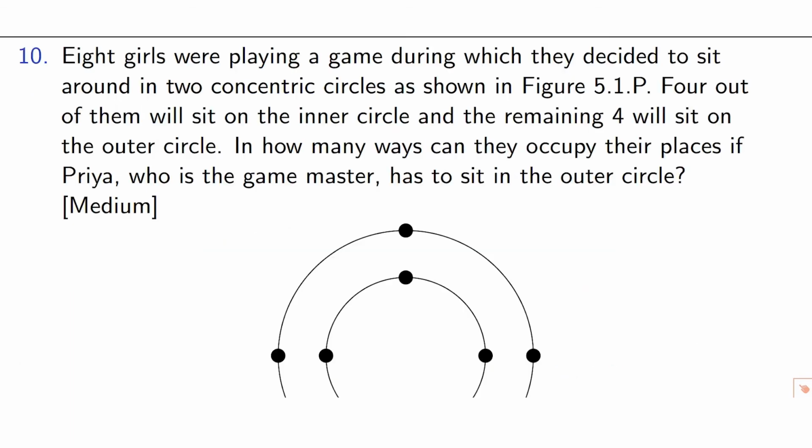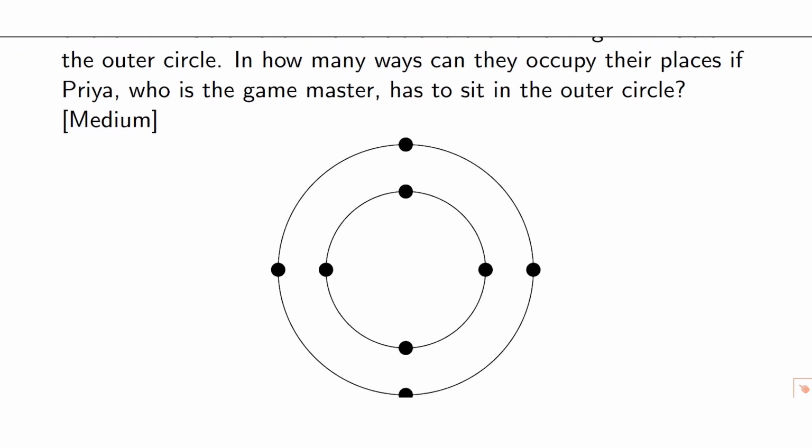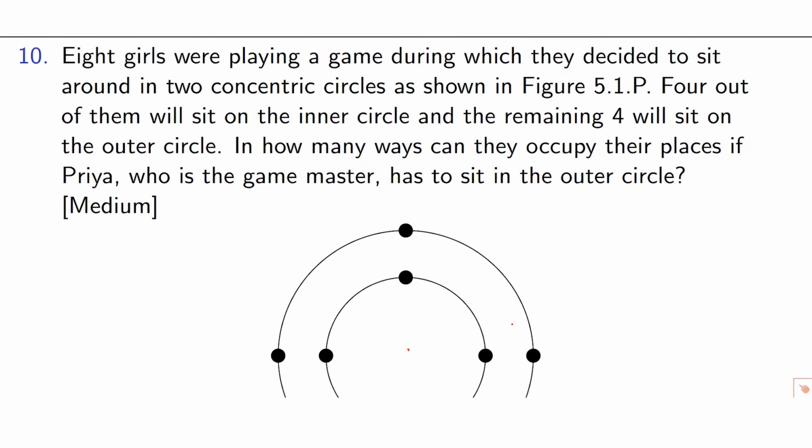Question number 10. 8 girls were playing a game during which they decided to sit around two concentric circles as shown in figure 5.1.p. Here it is shown that 8 girls are allowed to sit in two concentric circles. Four out of them will sit in the inner circle and the remaining 4 will sit on the outer circle.